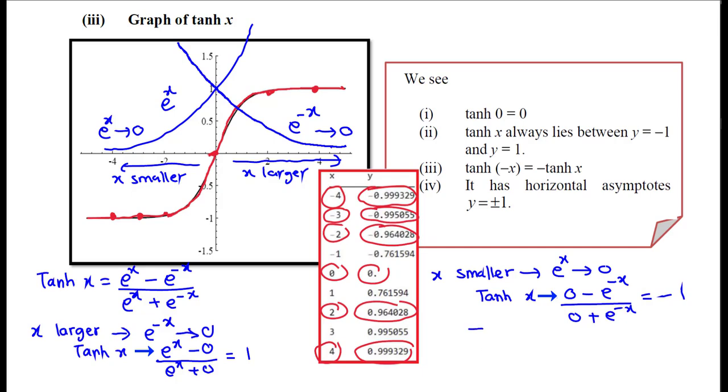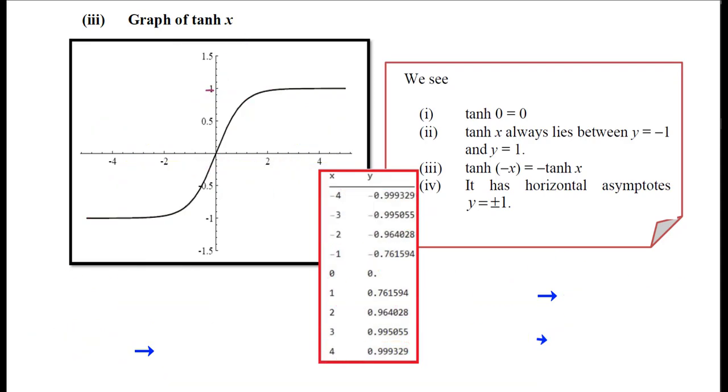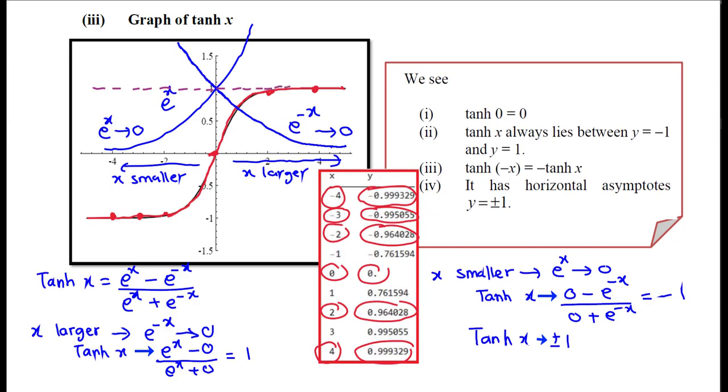So we can see that tanh x approaches plus or minus 1. This is y equal to 1, and this is y equal to negative 1. Meaning the graph of tanh x approaches y equal to 1 and y equal to negative 1.